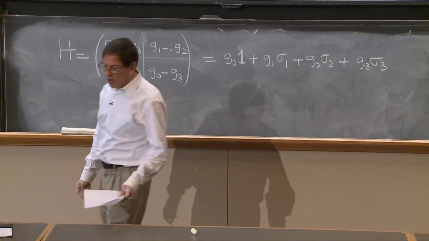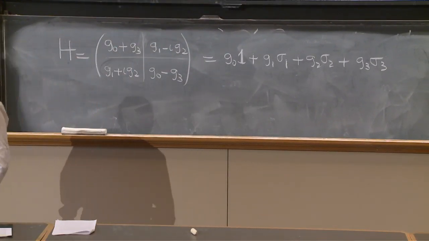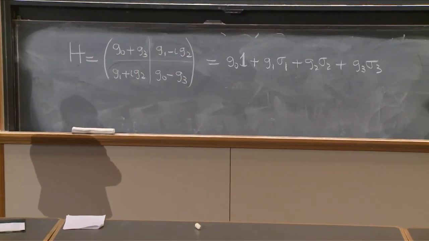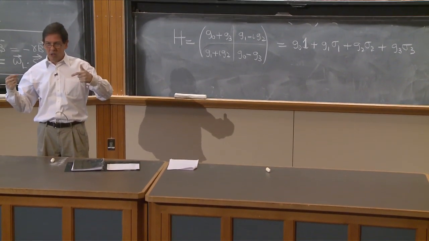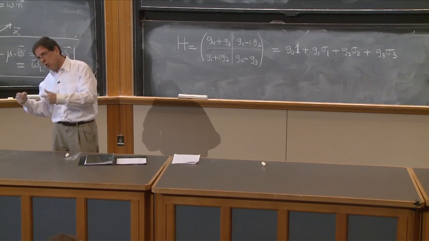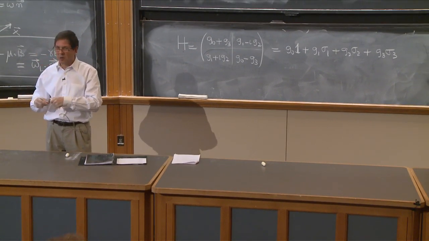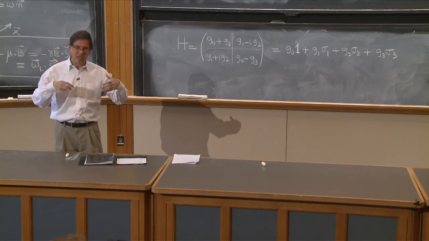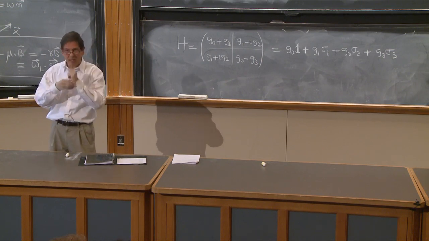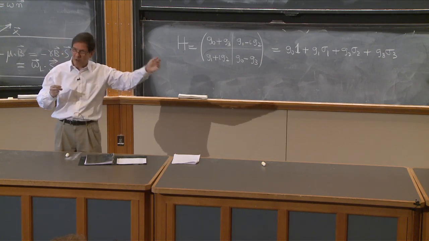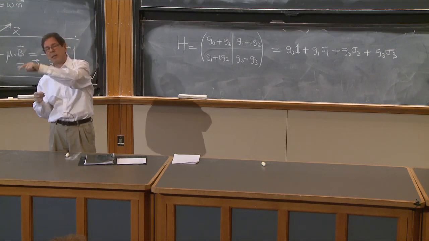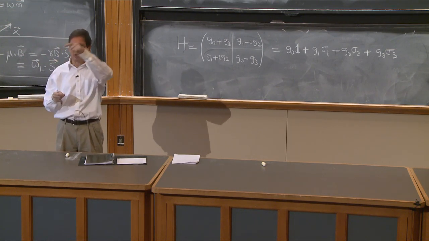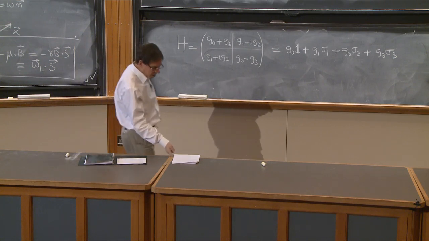And this is because the Pauli matrices are, together with the unit matrix, a basis for all Hermitian 2x2 matrices. So the Pauli matrices are Hermitian, the unit matrix is Hermitian, and the most general 2x2 Hermitian matrix is a number times the 1 matrix, and a number times the first Pauli, a number second, a number third.